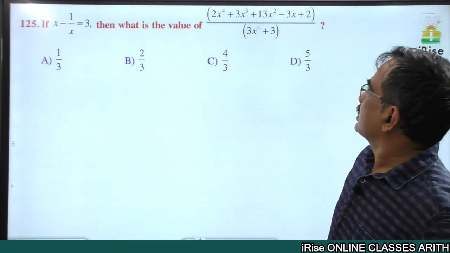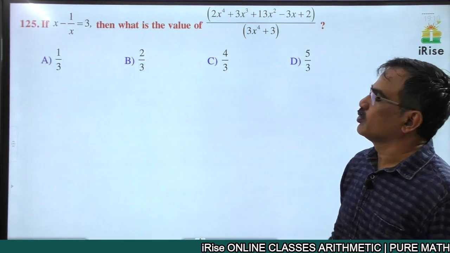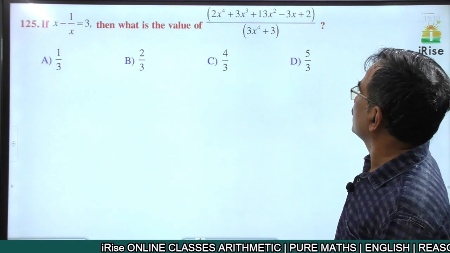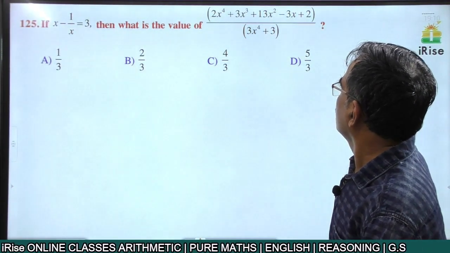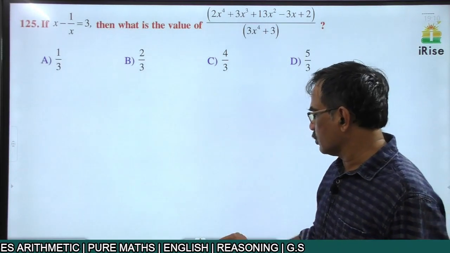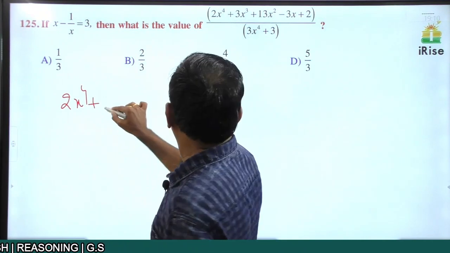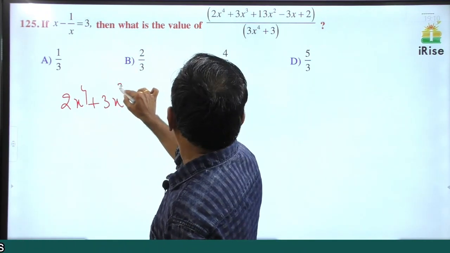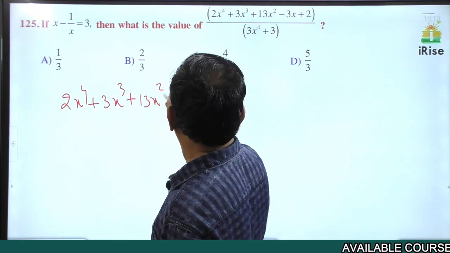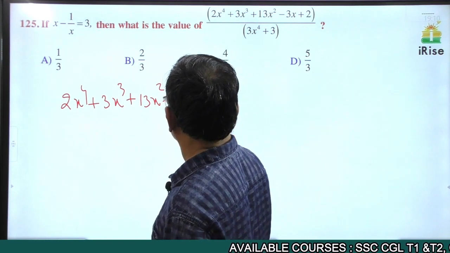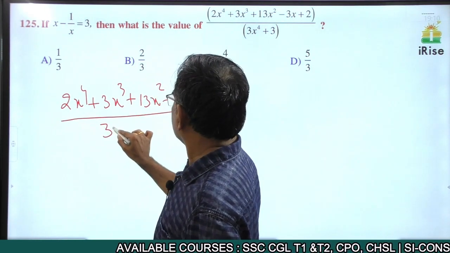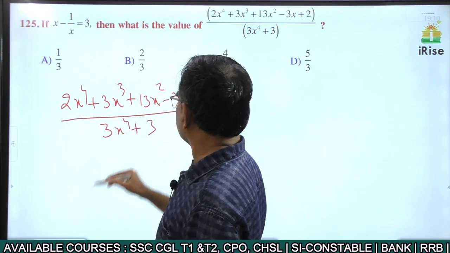If x minus 1 by x is 3, then what is (2x^4 + 3x^3 + 13x^2 - 3x + 2) by (3x^4 + 3)? See the question carefully.